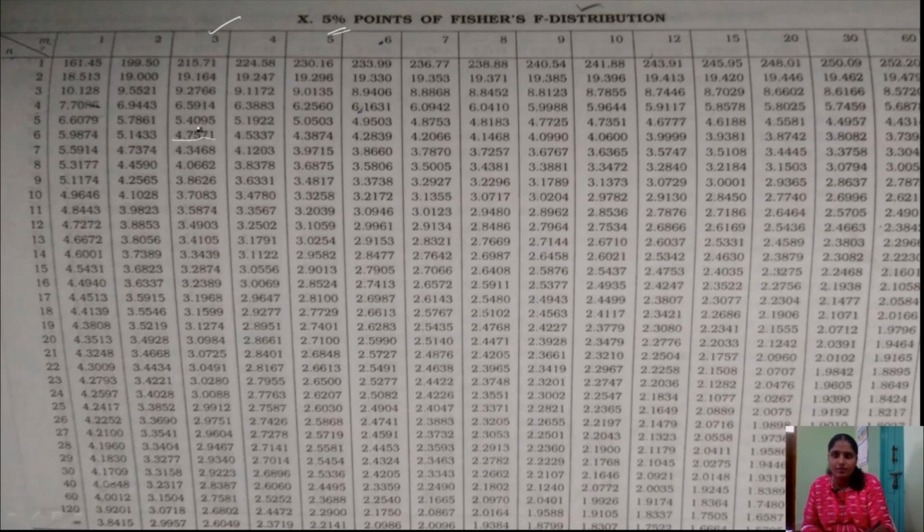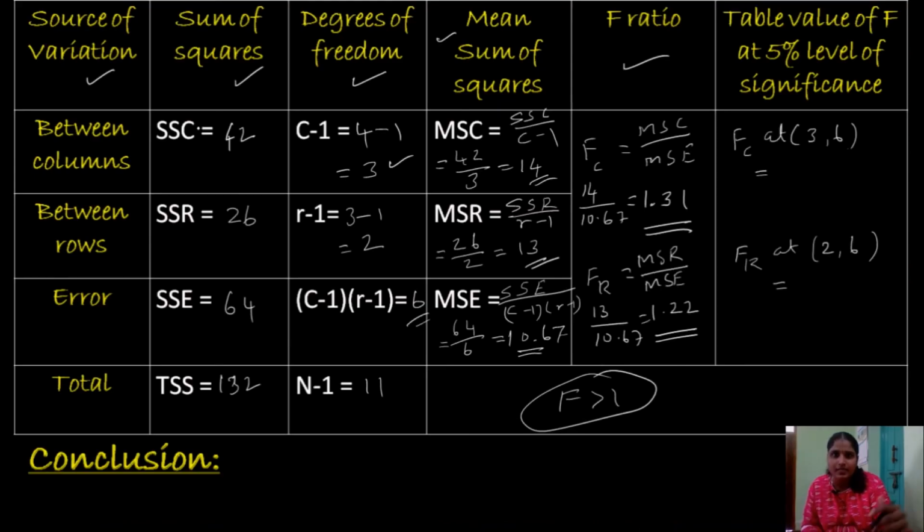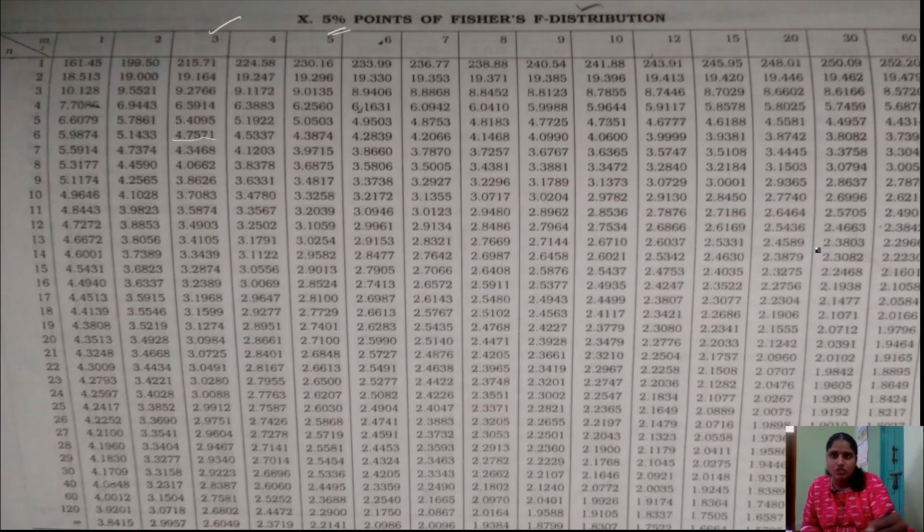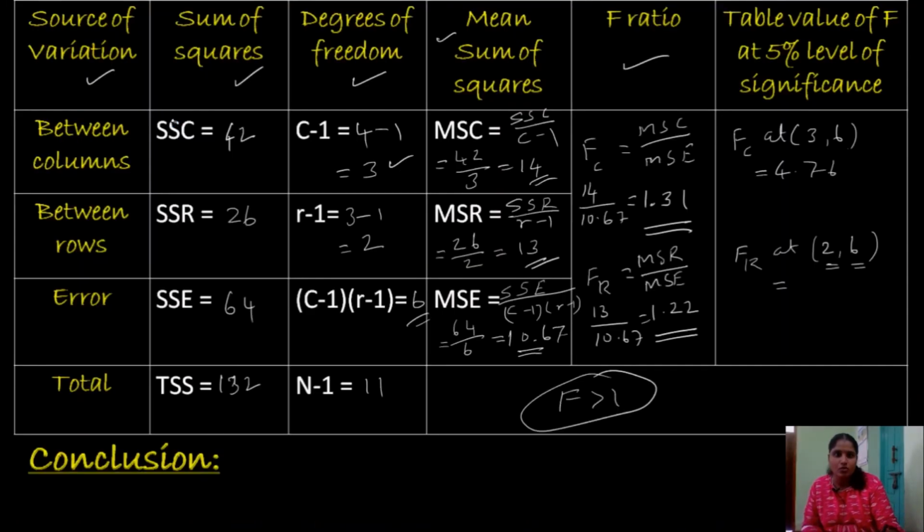I have to take up to two decimal places, that is 4.76. And next, the value of F at 2,6 degrees of freedom. We have to look at 2 in the numerator and 6 in the denominator of the table. So 2,6 gives 5.1433. Taking up to two decimal places, 5.14.